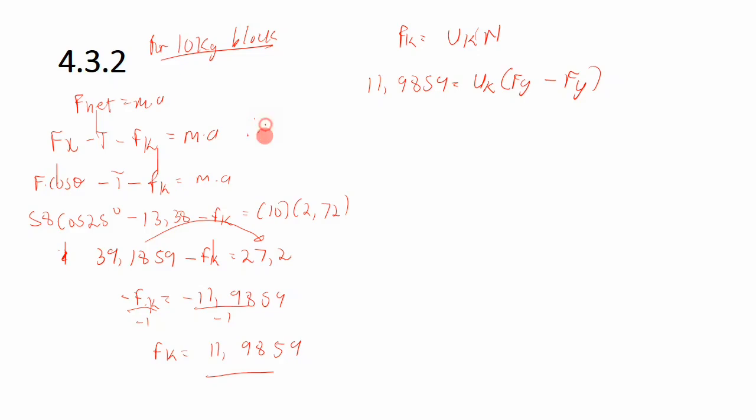But note that Fy can be broken down to F sine theta, right? So we're just going to substitute it here. So it's 11.9859 is equal to mu k, and then our Fg is mass times the gravitational acceleration, which is 10 times 9.8.